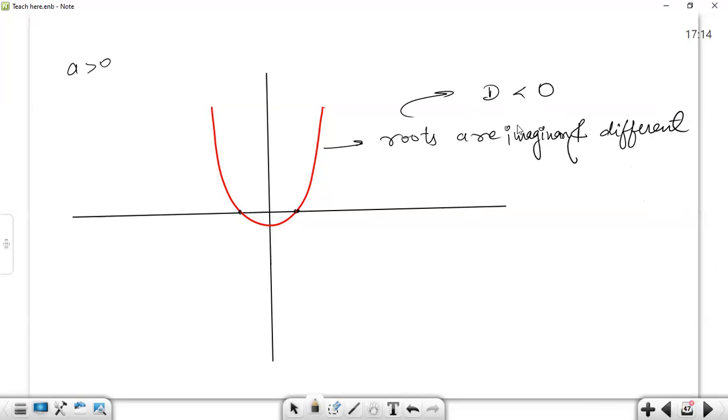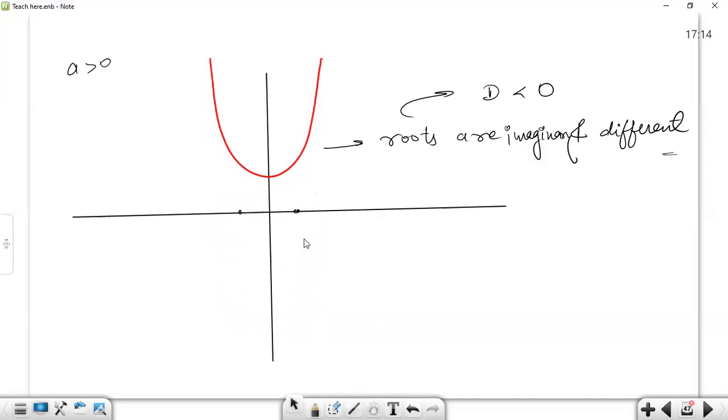So there will be imaginary roots, and yes, they will be different roots, alpha plus minus beta. In that particular scenario, the parabola is not going to touch the x-axis anywhere. It's going to lie above the x-axis, or below in the case when a is negative. So it's going to look like this.